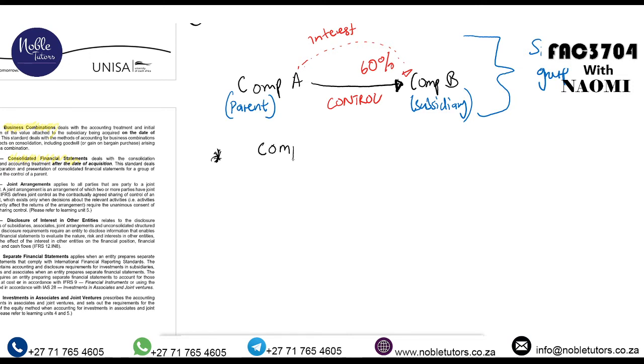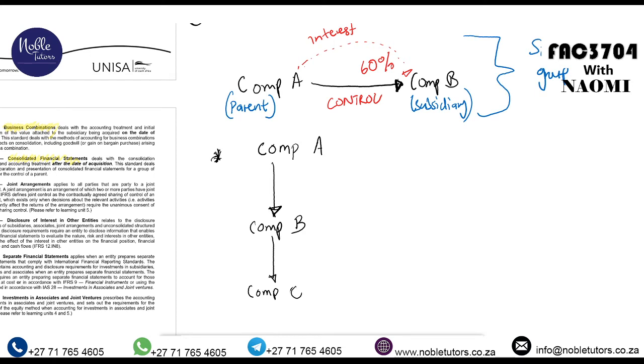So company A has shares, or rather interest, in company B. Then company B has shares or interest in company C. So I'm going to make examples, and I want you to really pay attention to this one so you don't miss it.